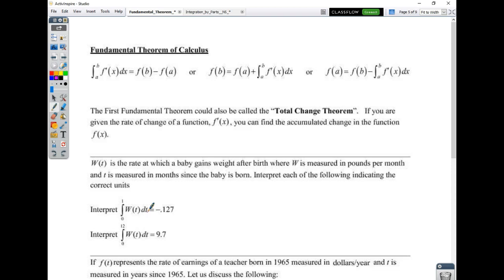First off, we know that we're dealing with the baby's weight, and because it's an integral, we know that the change of weight is from, I said 0 to 1 year, I meant 0 to 1 month, and this is pounds, is negative 0.127 pounds.